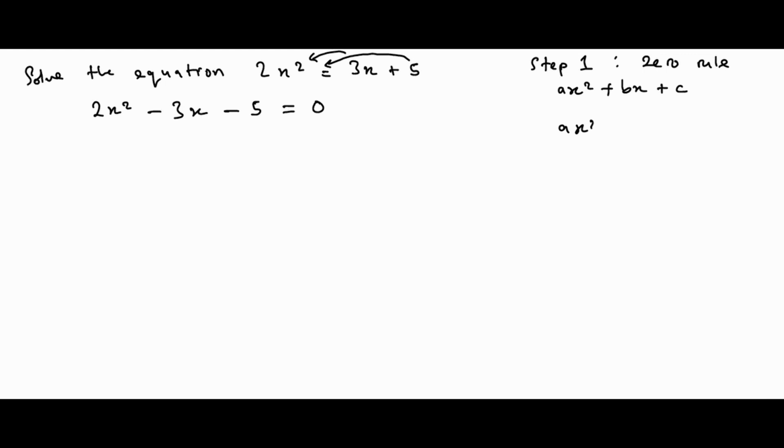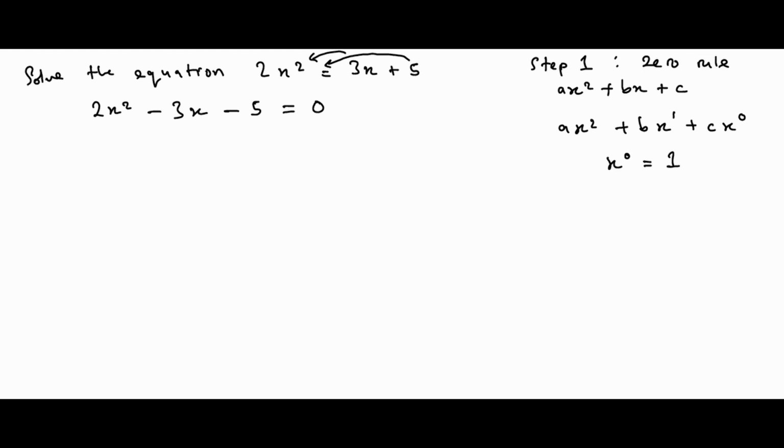But more technically, we can rewrite ax squared plus bx plus c as ax squared plus bx to the power 1 plus c x to the power 0. Why did we say c x to the power 0? Because we already know x to the power 0 is equal to 1. Any number to the power 0 is 1.